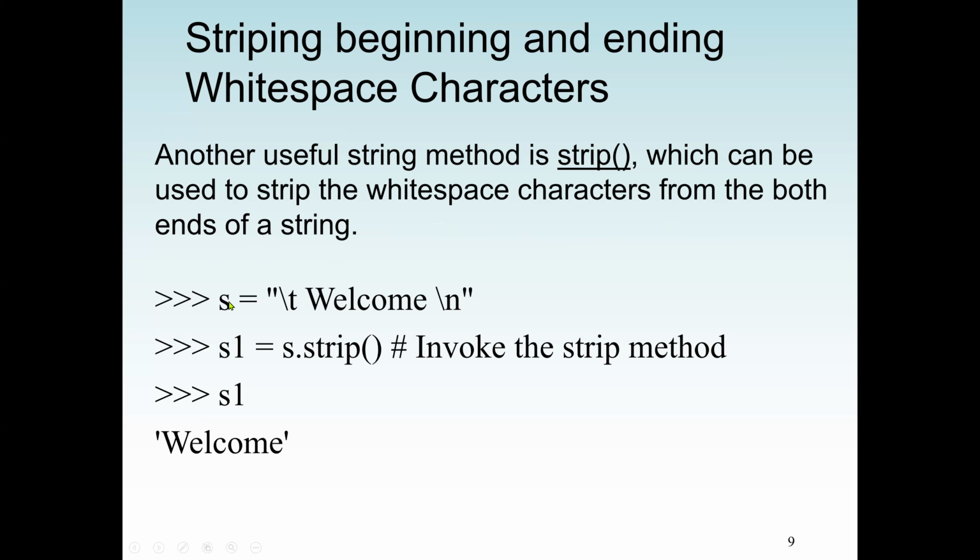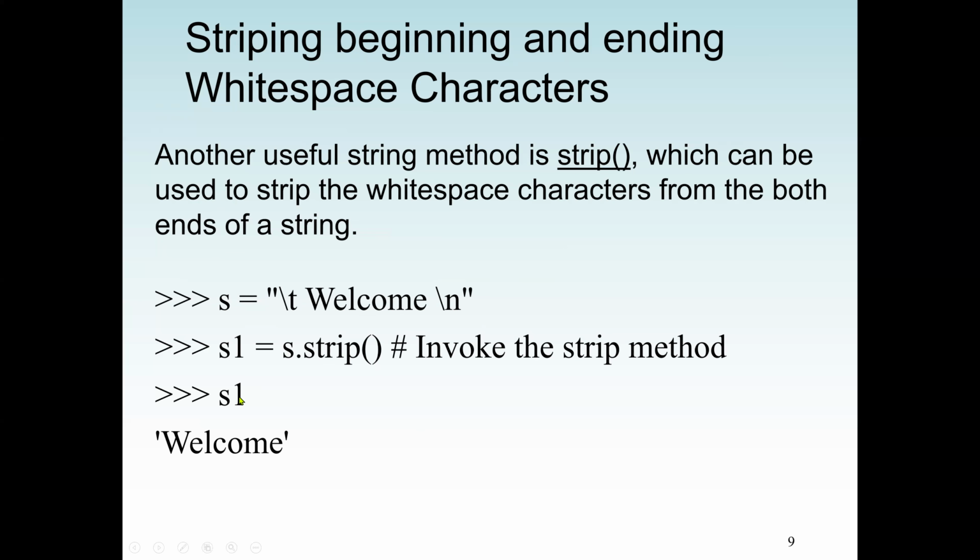So for example, we have s again. We assign welcome to it. But the welcome has a tab space. Normally by default, the tab can be up to like 5 spaces. Then also \n is a new line, which means we have a new line. So now we call the strip method with s.strip() to invoke the strip method on the s object.